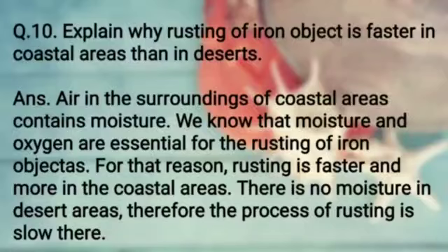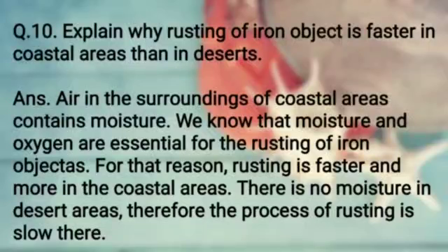So when this moisture and oxygen come in contact with iron, obviously the rusting process is much faster. And in desert areas, as I told you, the temperature is very high and dry, which means there is very little moisture, so the rusting process is very slow. That is also one major reason.